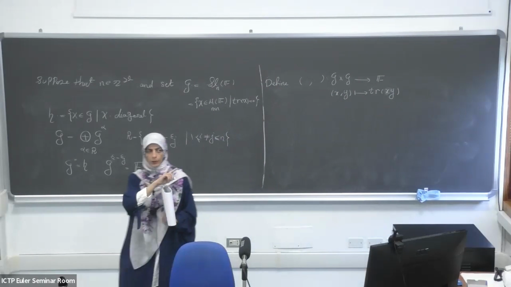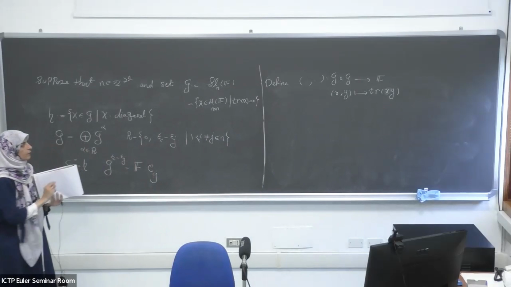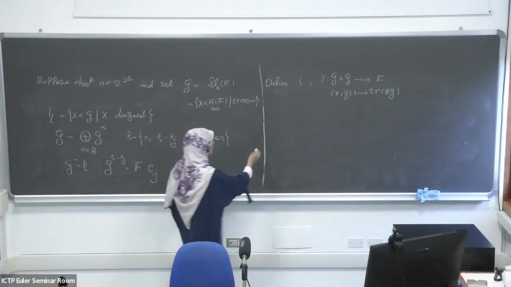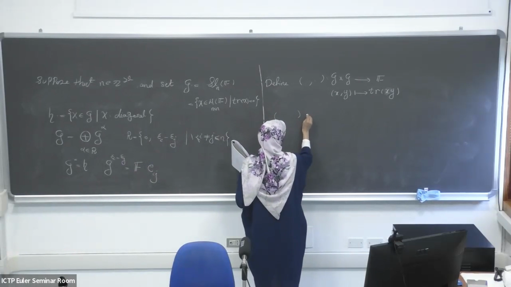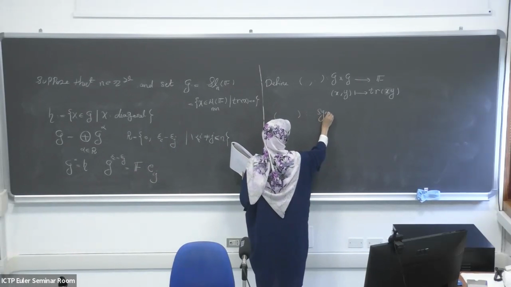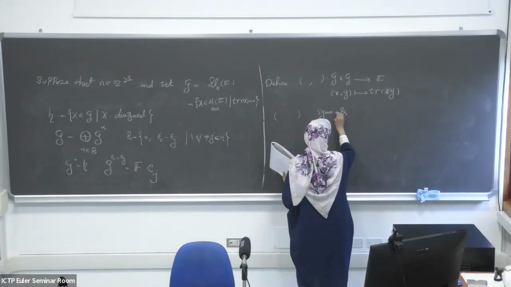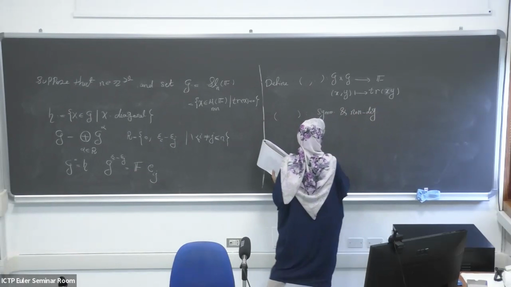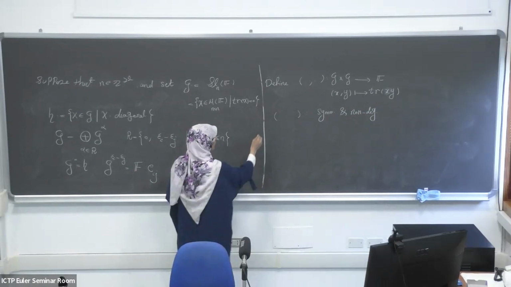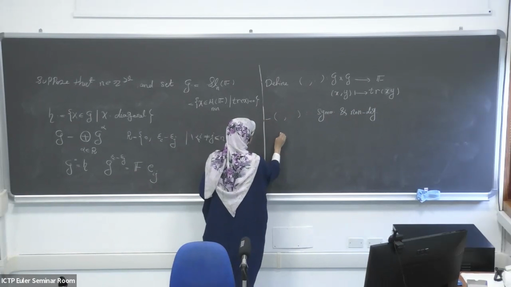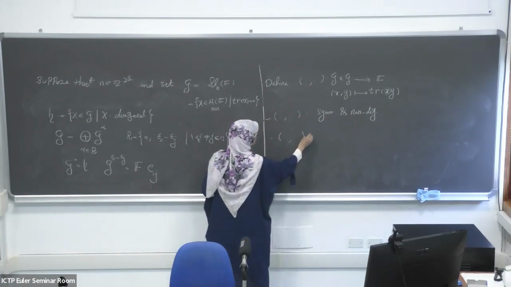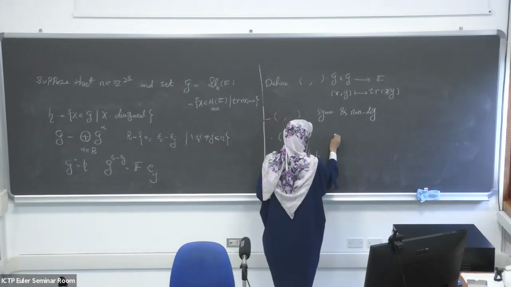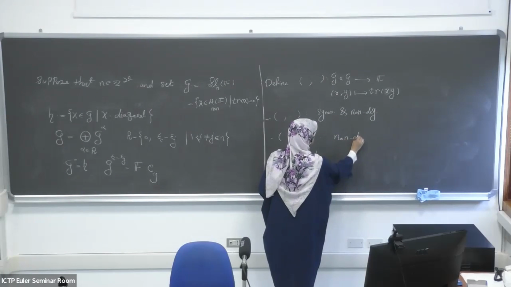And you can show that this bilinear form is a non-degenerate bilinear form, and it is symmetric, right? And moreover, if we restrict it to H times H, it is again non-degenerate.